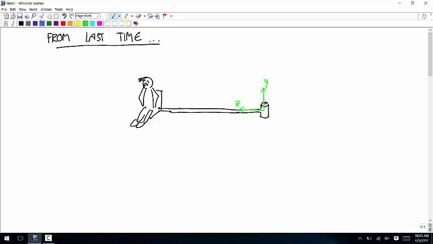Okay, so we have two coordinate systems, this one and one in the middle. And this was parts A and B. In A and B, we got that the acceleration was equal to 0, 0, negative 5 pi squared.